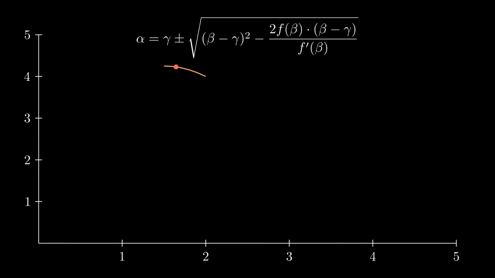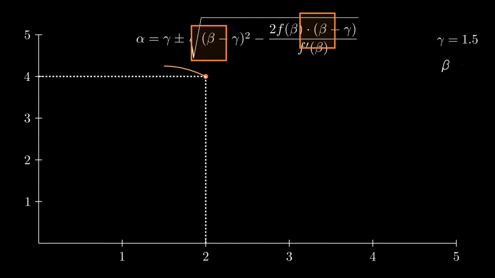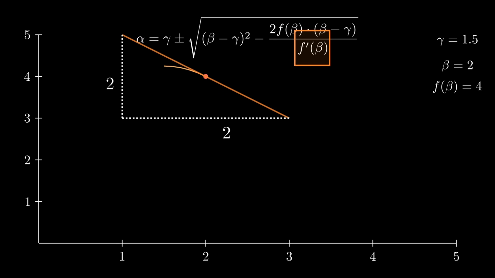We can use our formula for this. Based on the notation of our formula, gamma is 1.5. And we can choose beta equals 2. Which means f of beta is 4. And the gradient, by looking at its tangent, is approximately -1.